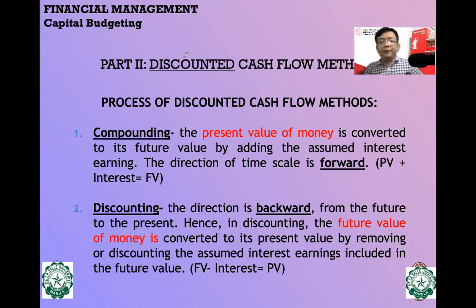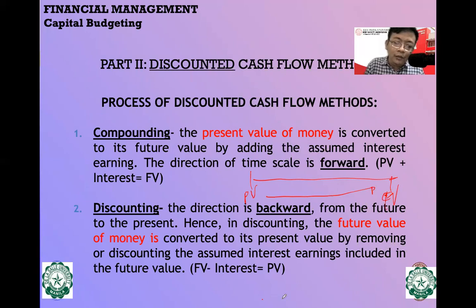This was our discussion last time. Do you still remember? Compounding. Yes, sir. Alright. Meaning, present value to future value is compounding while discounting is future value to the present value.